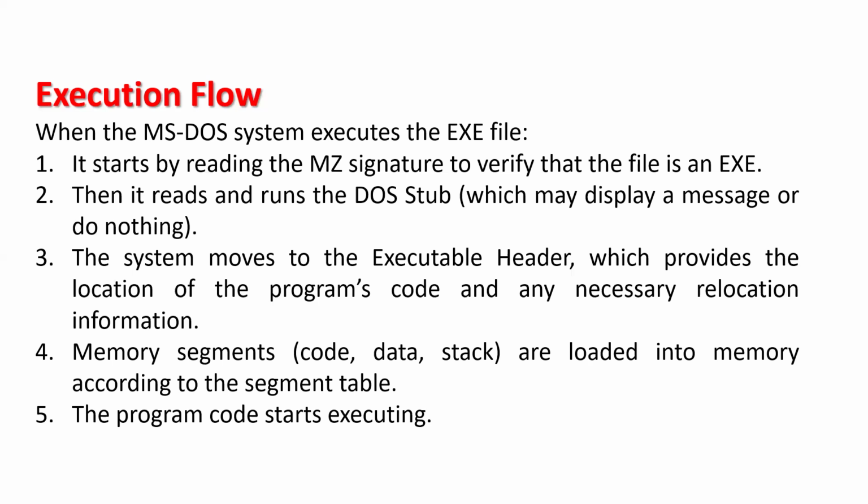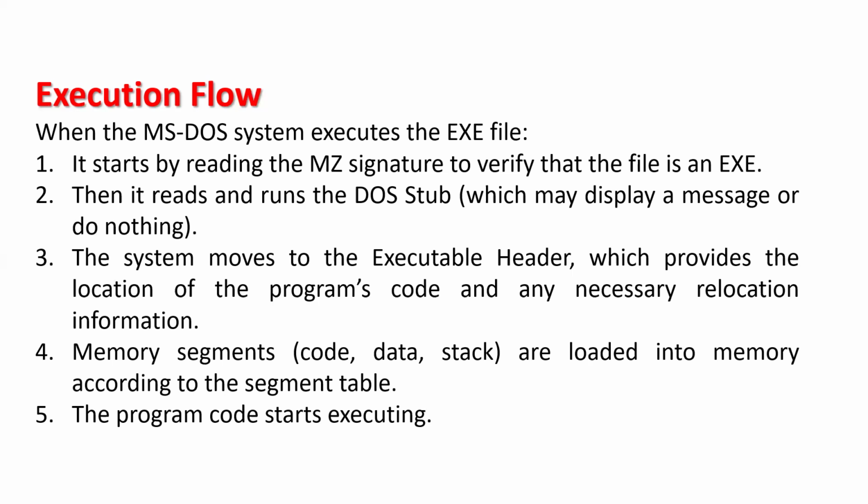Now, this interrupt is used to call DOS functions like reading from a file, printing to the screen, and so on. The program triggers these interrupts, and the operating system provides necessary services via interrupt service routines. And the operating system executes those ISRs for the program.